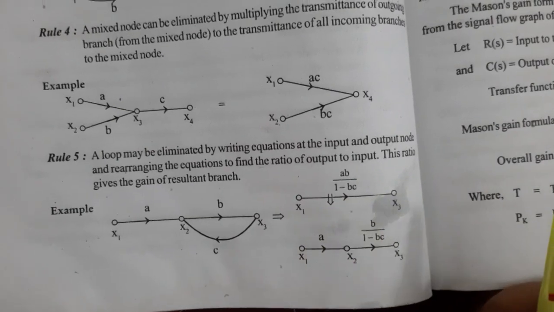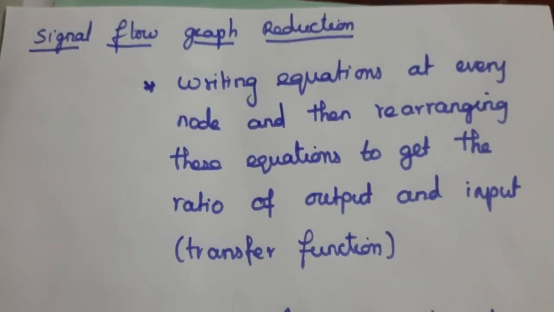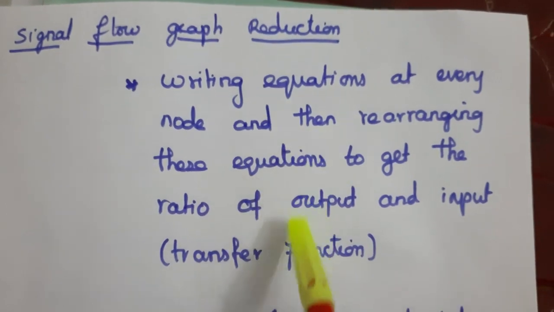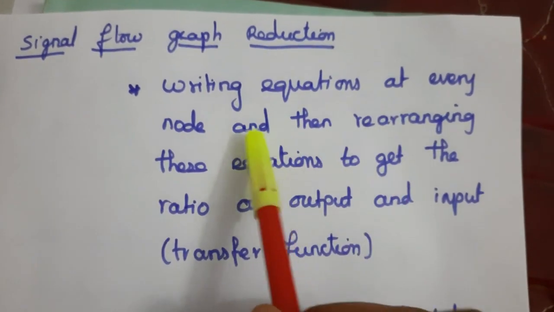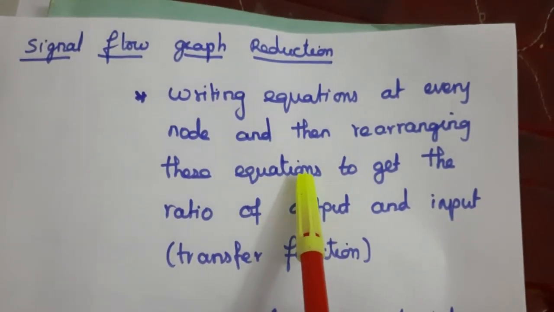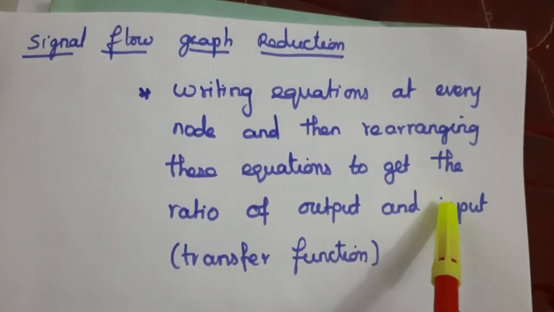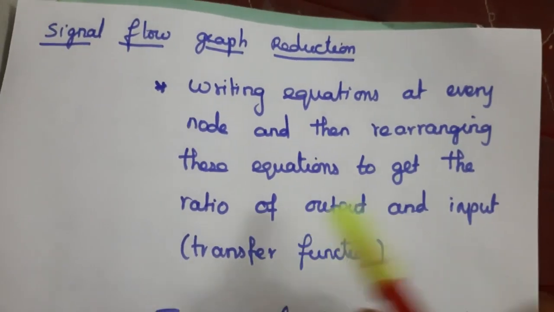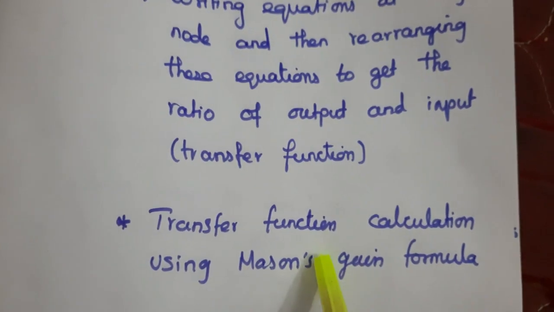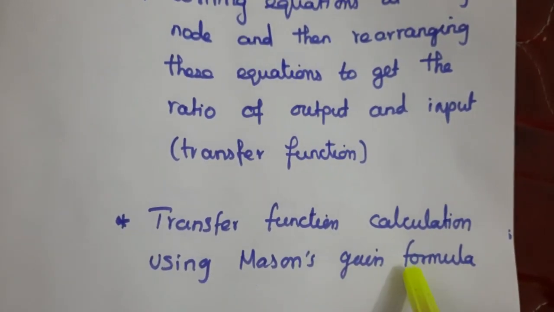Next one is signal flow graph reduction, and this is used to find the transfer function. So write the equation at every node and then rearrange these equations to get the ratio of output and input, which gives the transfer function. And the transfer function is calculated using Mason's gain formula.